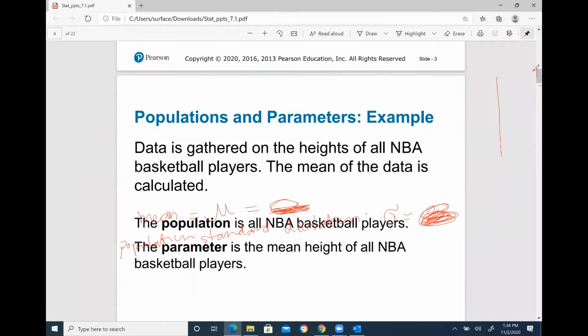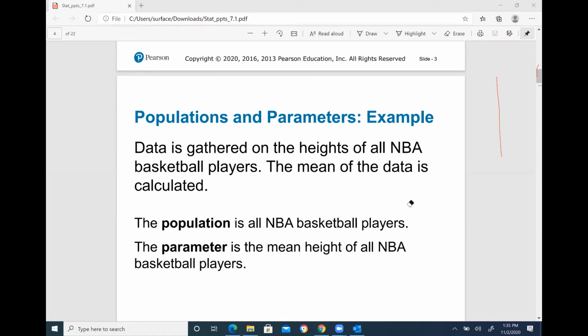And here is the example, populations and parameters. So here's the application for you to read and analyze: what is the population and what is the parameter in this case. Data is gathered on the heights of all NBA basketball players.